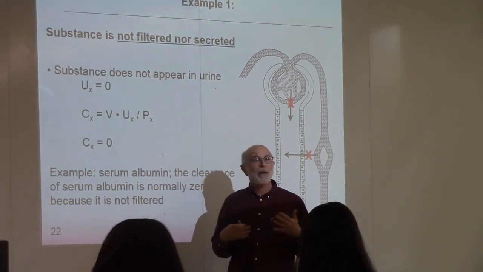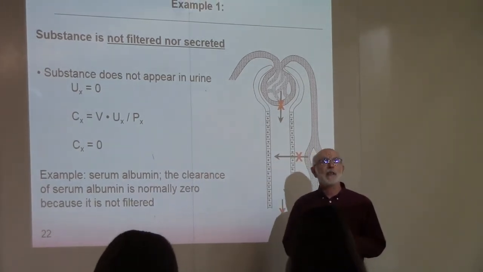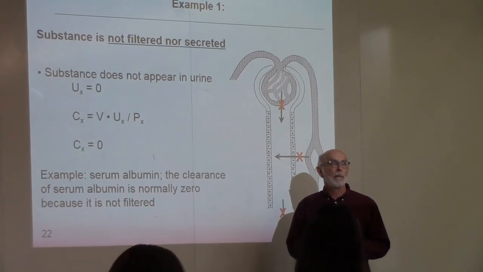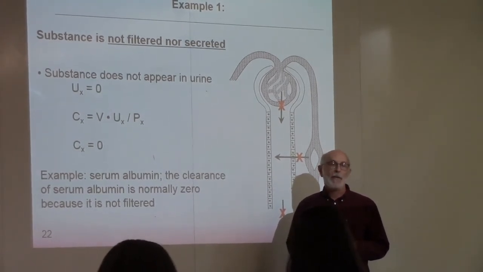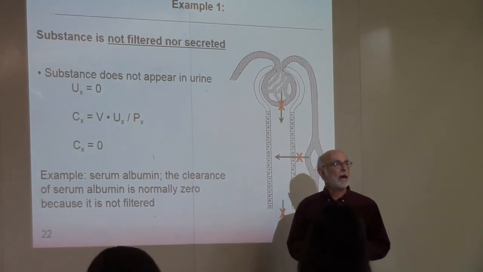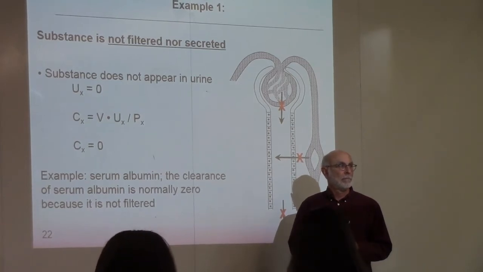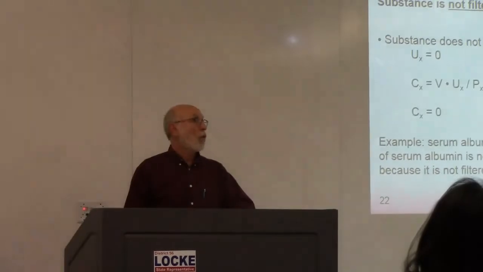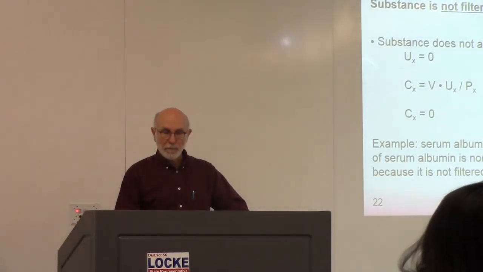So in order for clearance to be 0, it just means the amount of plasma that is cleared of albumin is 0 mils per minute. None of the albumin is cleared. No volume of plasma is cleared of albumin. Okay? So the clearance of albumin is 0 because it is not filtered or secreted. Let's do one more, and then we'll take a break.